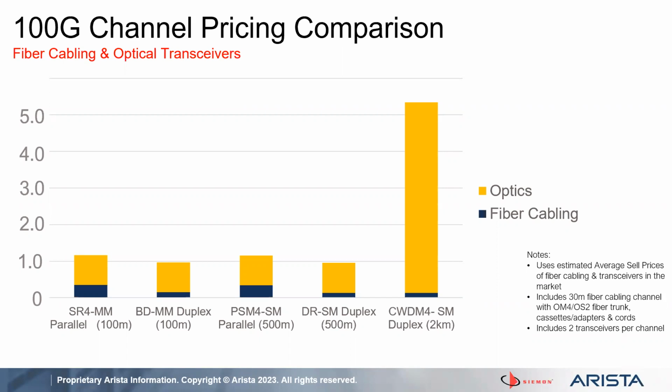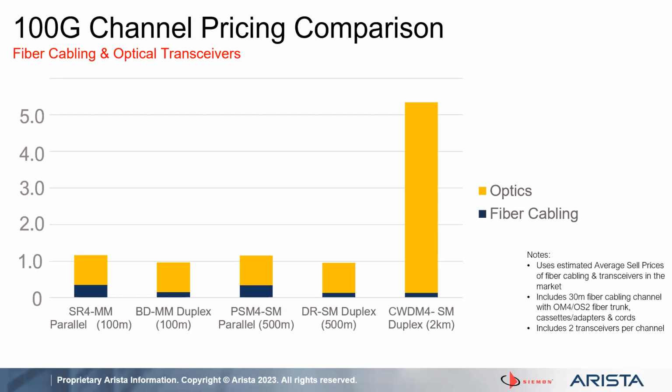The fiber cabling would be either 2 or 8 fibers for the associated multi-mode or single mode. Going left to right, we've got the SR4 multi-mode parallel, the BiDi multi-mode duplex, PSM4 single mode, the DR single mode duplex, and then the CWDM4 single mode.